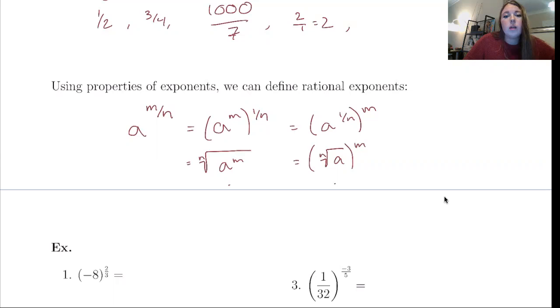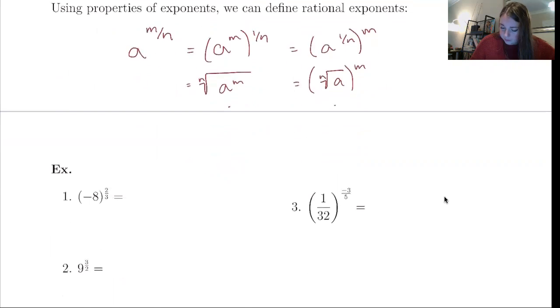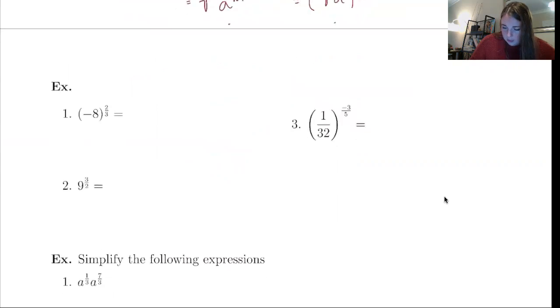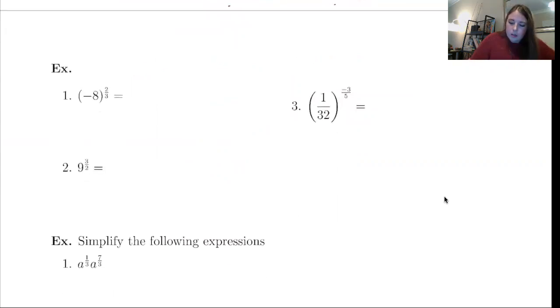So think about a square root and how that can affect how many answers I get back out. Okay, so we'll do some examples and you'll understand what I'm talking about. So especially when it's negatives.